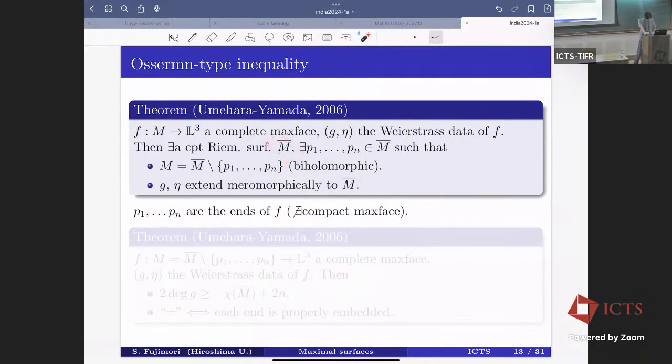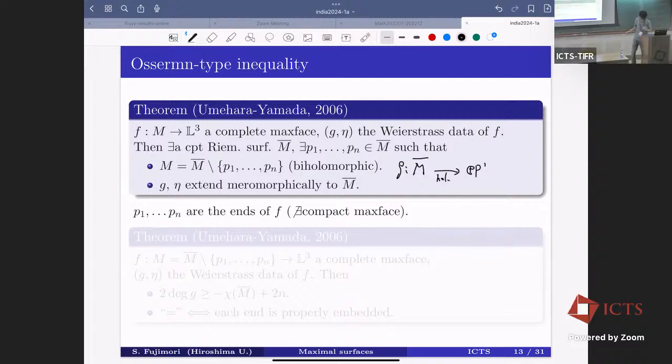So G is defined on M bar, a compact surface, and this is a meromorphic function, so it takes values in CP1, and this is a holomorphic map.